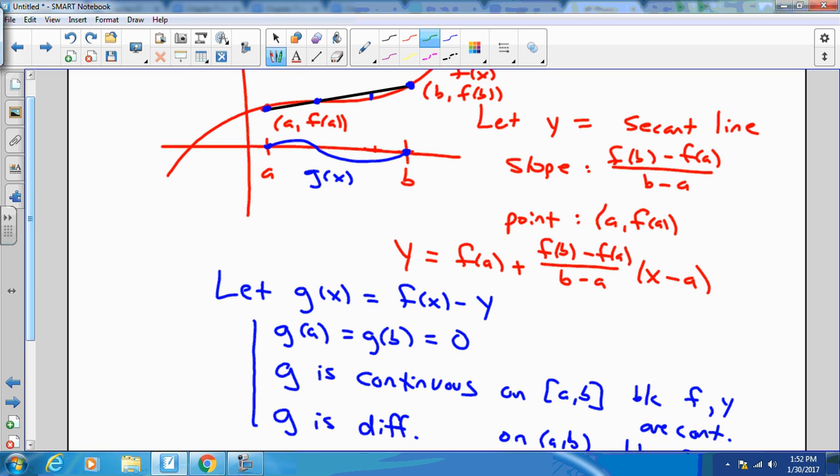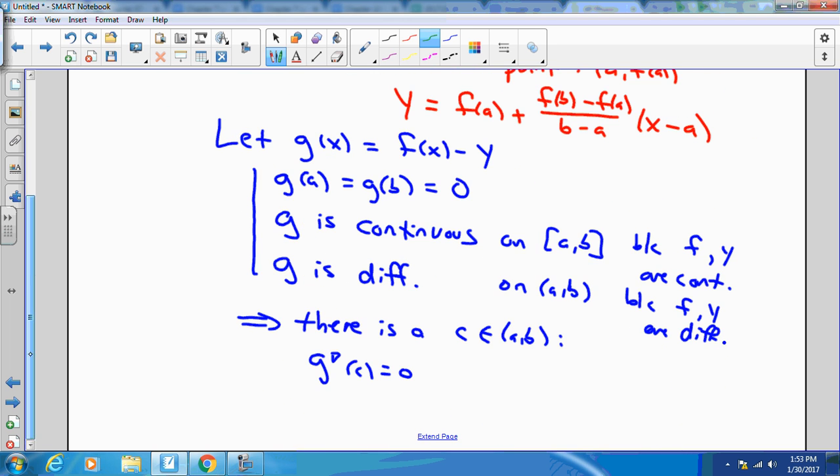Going back up to here, on our graph we actually have two different points c, one there and one there. And you can see that if I draw a tangent line, that tangent line here and here, both are going to be parallel to the secant line.